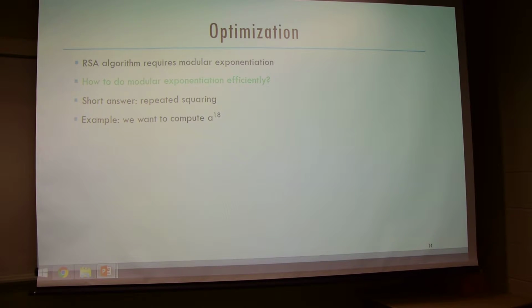For example, if you want to compute a to the power of 18, we can first decompose 18 into this formula. This also relates to the binary representation of 18, right? If you ignore the first one, then it is 0, 0, 1, 0.